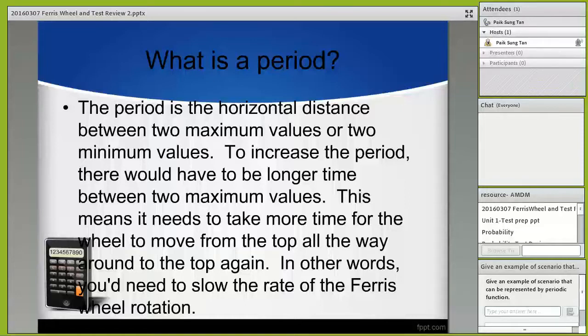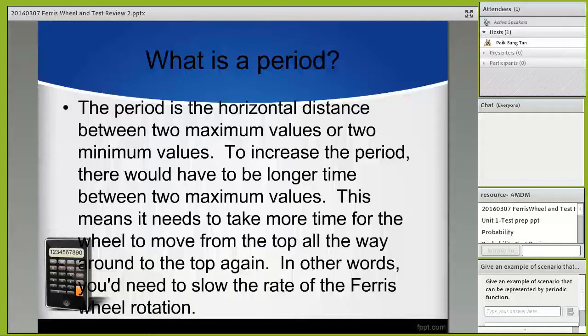So you might come across the question, how do I increase the value of the period? You will say, okay, I'll do this slower. Something that happens over a longer period of time will have a bigger period. This means it needs to take more time for a wheel to move from the top all the way around to the top again.